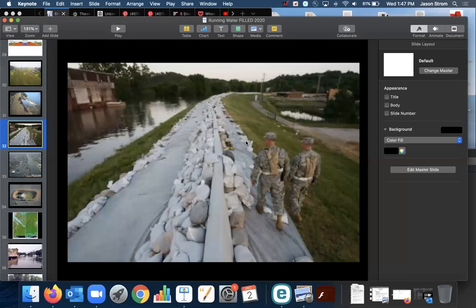So if they put plastic over the top, if water does go over, then hopefully it's not going to erode the top of the levee and lower it any. So it's going to protect it a little bit. That's the big thing with the plastic, just to protect the top of that, because you don't want it to get lower than it is.